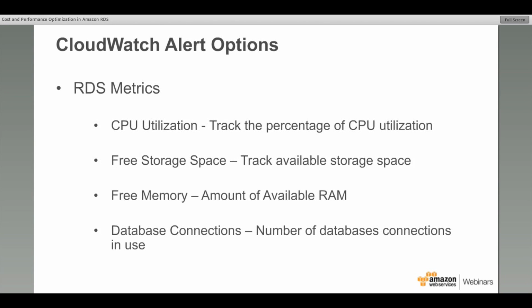So here are the basic RDS metrics that we provide through CloudWatch: CPU utilization, free storage, free memory, and database connections. The important point about database connections is to remember that each of the four database engines has a parameter file with default settings for database connections.